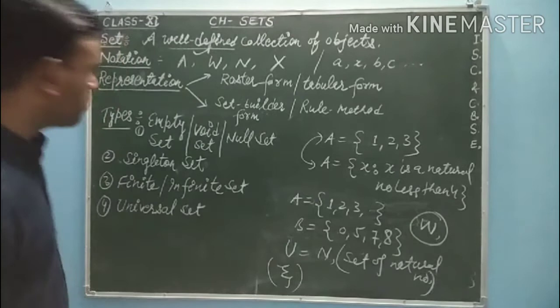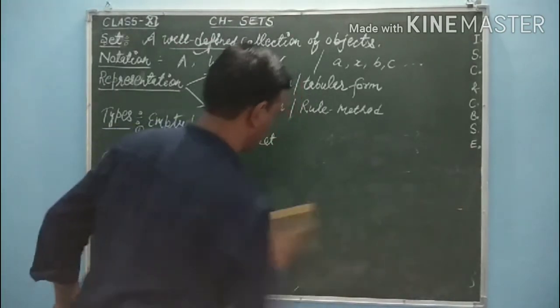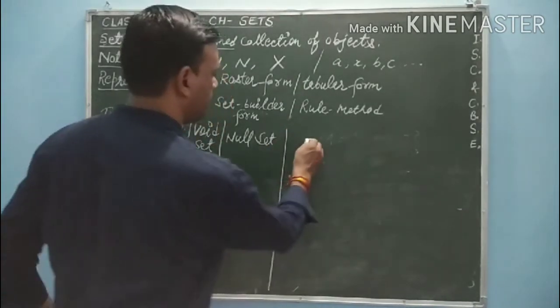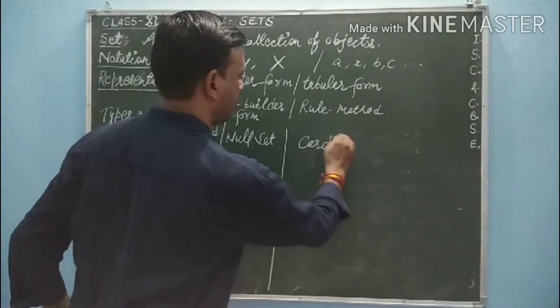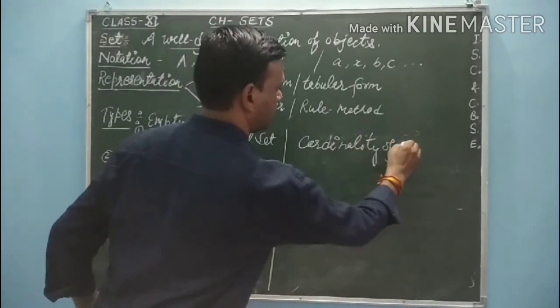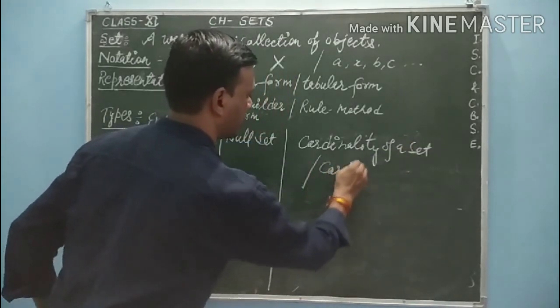Okay, student. Now come to the next point, which is very important from your examination point of view again. That is the cardinality of a set, or you can say cardinal number.